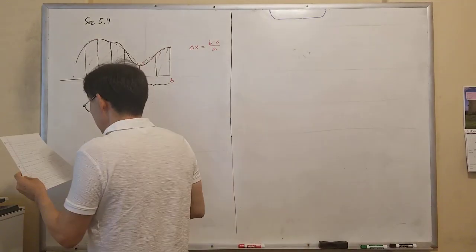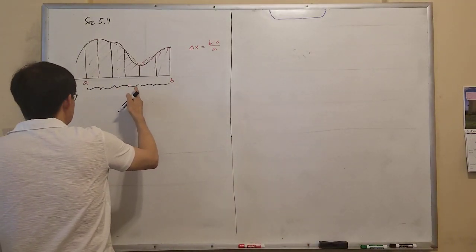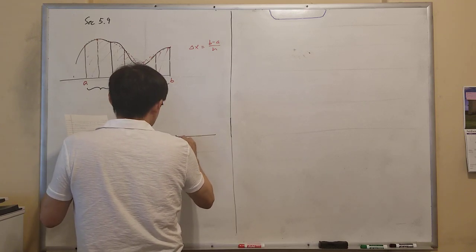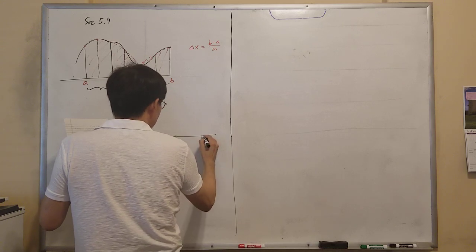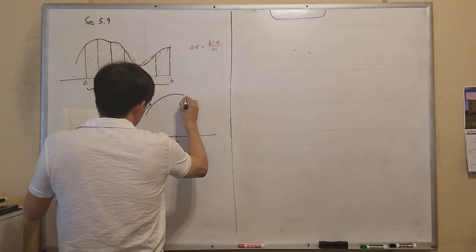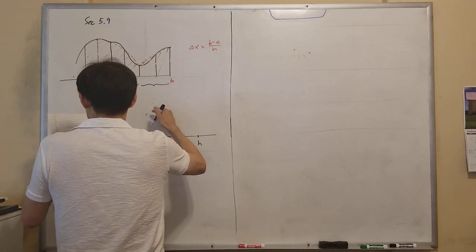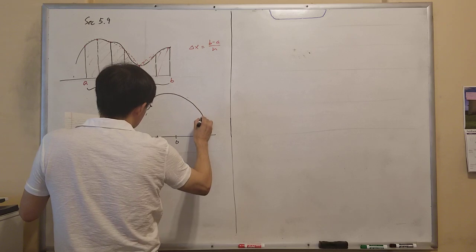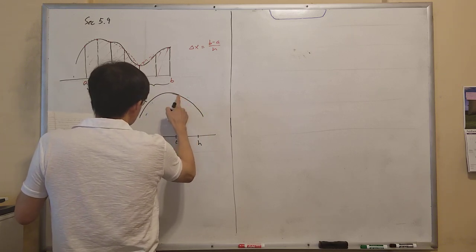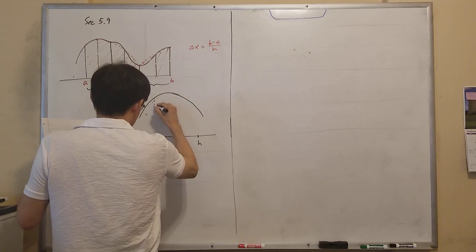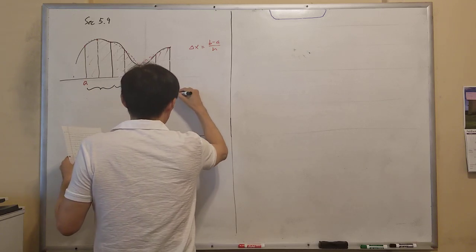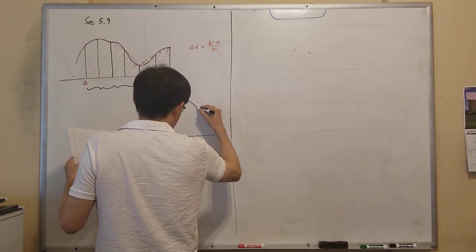So now, let's think about the very simple case. Let's say you have 0, minus h and h. Say you have something like this, these 3 points.